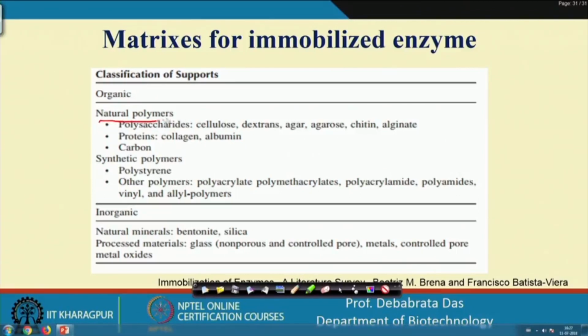It can be divided into three different types: natural polymer, synthetic polymer, and inorganic. Among natural polymers, we have polysaccharides like cellulose, dextran, agar, agarose, chitin and alginate. Among proteins, we have collagen and albumin, and also carbon. Among synthetic polymers, we have polystyrene, polyacrylate, polyacrylamide, etc. Among inorganic materials, we have bentonite clay, silica and glass, which are largely used by industry.